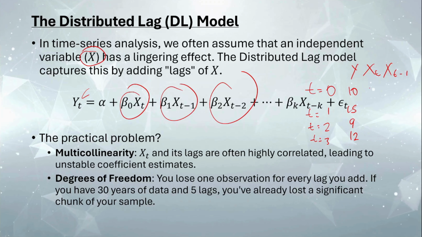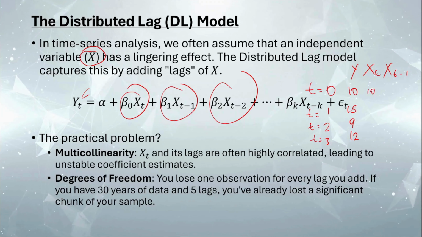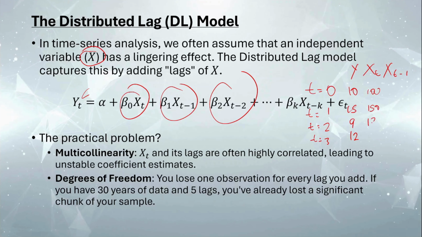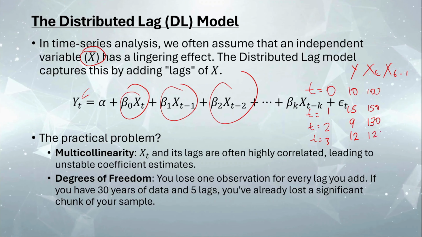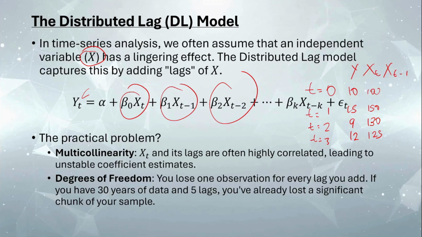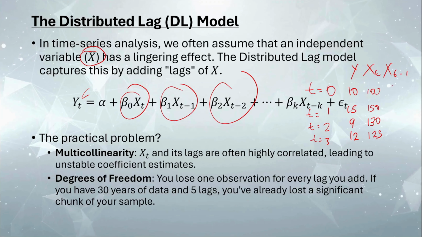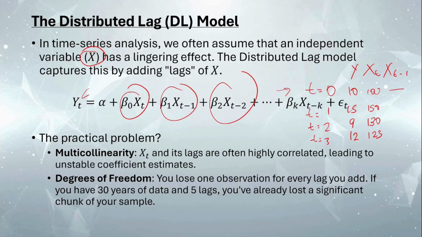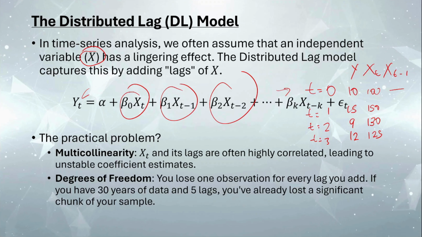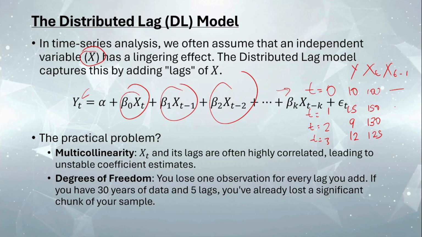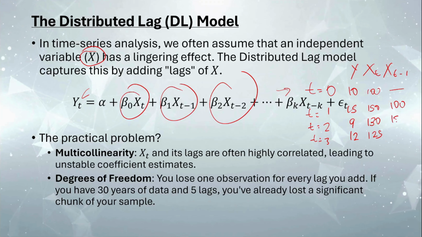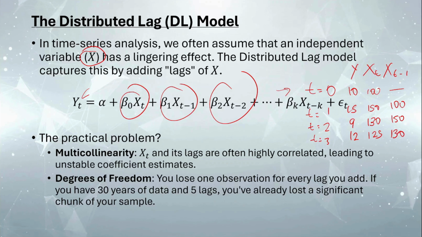And let's say x is, I don't know, 100, 150, 130, 125. Now, xt minus 1 during time period 0 will have nothing. But xt minus 1 would follow the previous one, so it's 100, then 150, and 130.